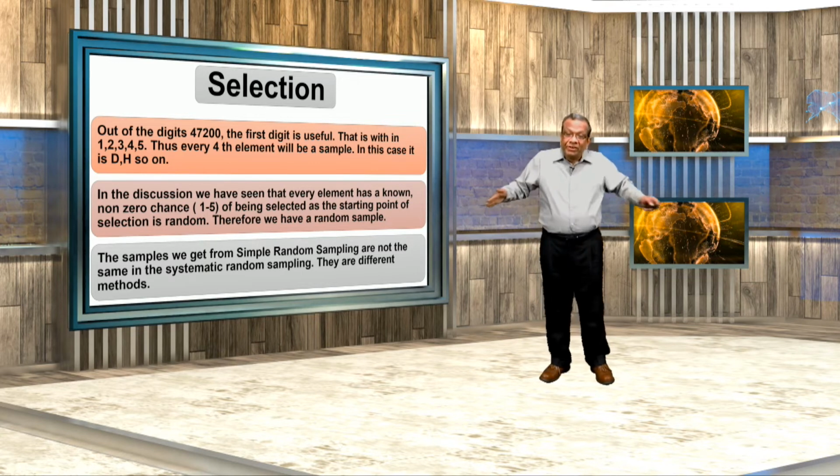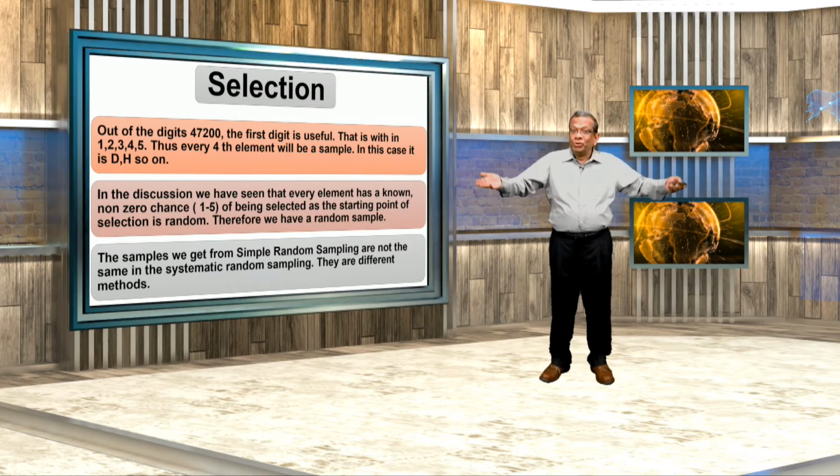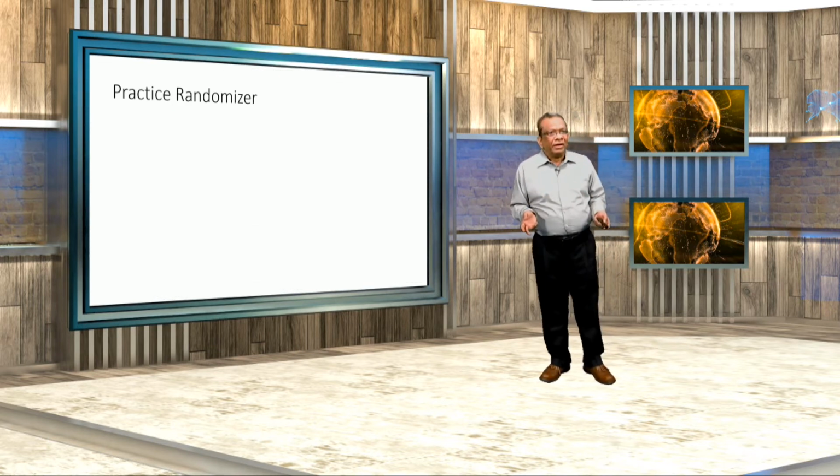They are different methods. It depends on you what kind of method you will follow in order to get your appropriate results. Now we will practice the randomizer by actually using the software.